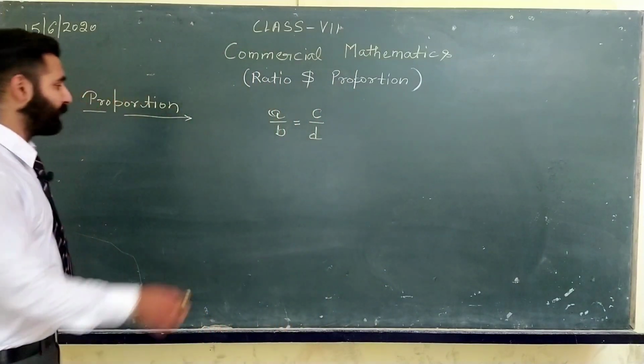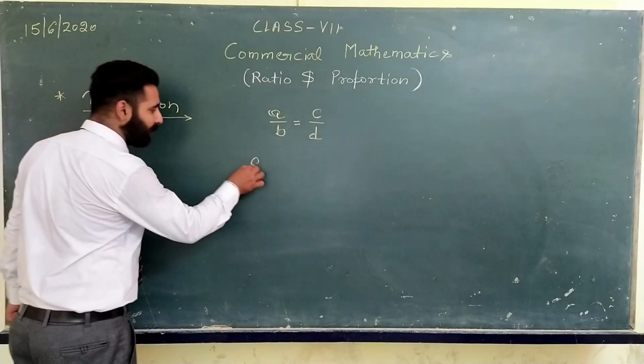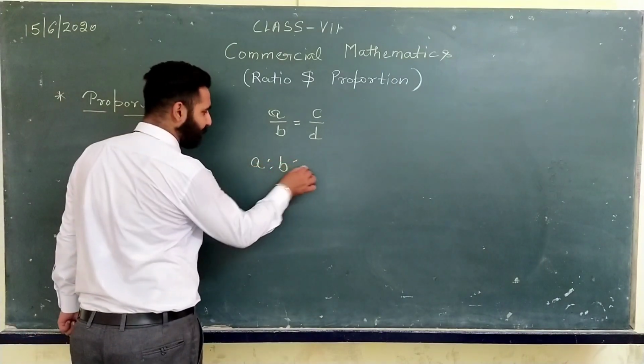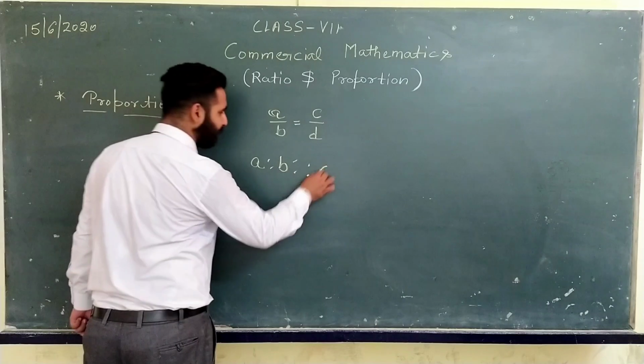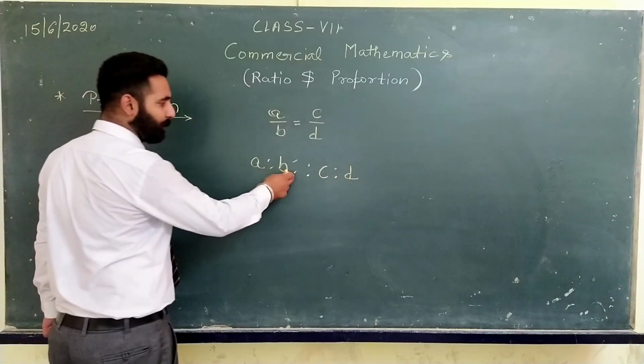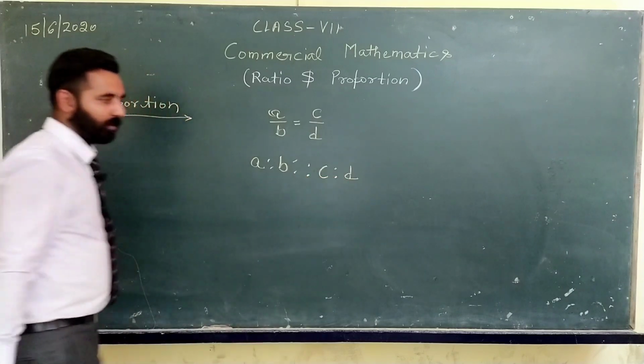But how to write it? We write it like this: A ratio B proportionate to C ratio D.